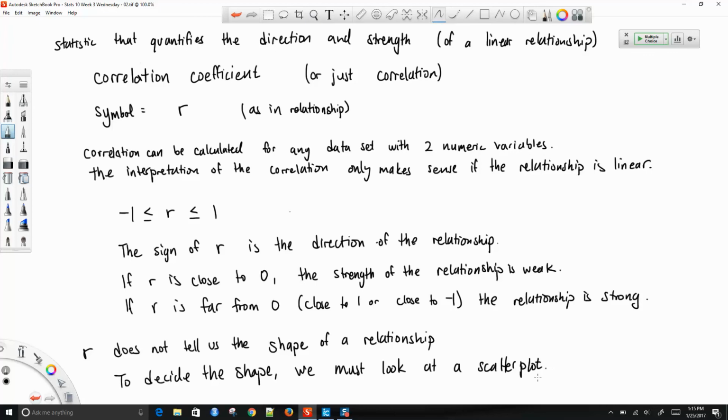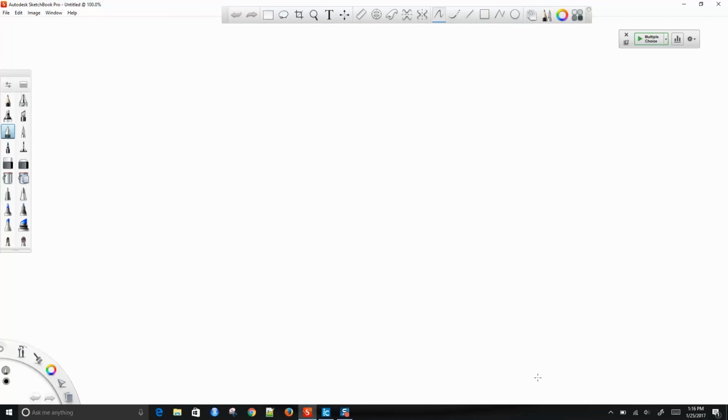Okay, so let me just give you a few examples of values of R and maybe some associated scatter plots. I'm just kind of making these up, but I think more or less I'll be kind of close.